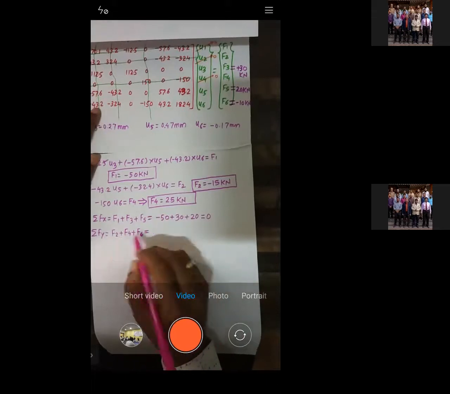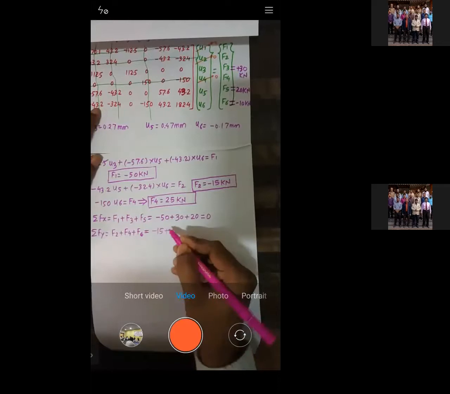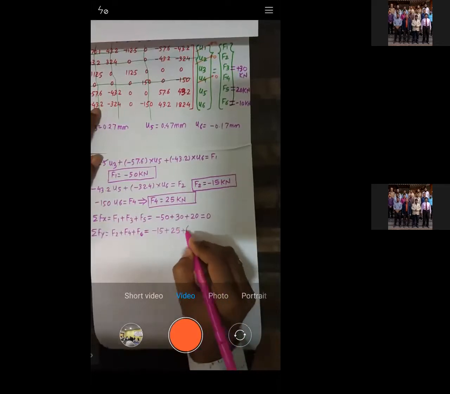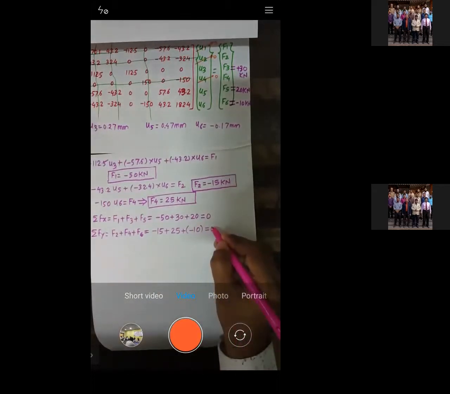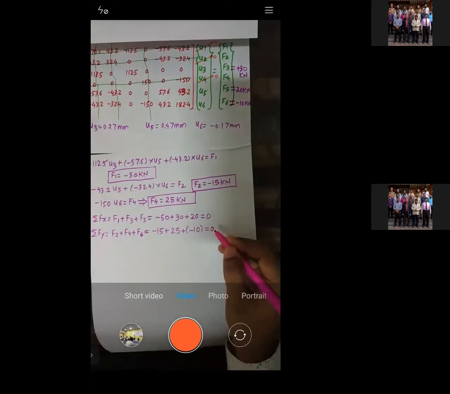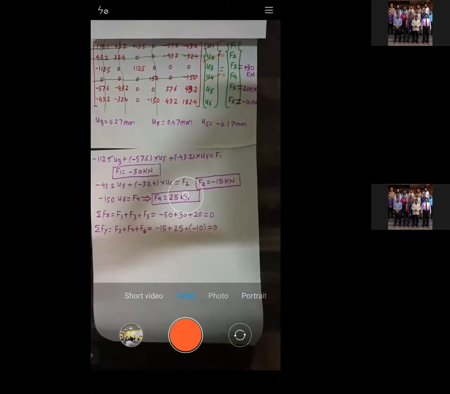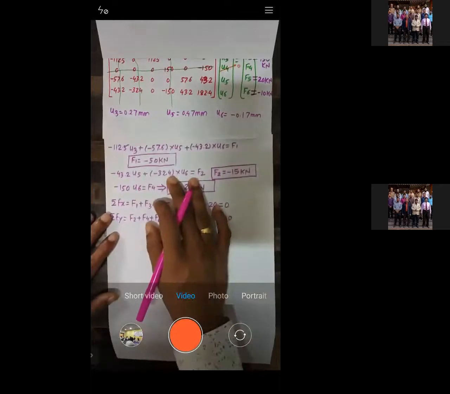F2 is minus 15, plus F4 is 25, plus F6 is minus 10. We got it equal to 0, right? So that means whatever values we got for the displacements are correct. Is that okay with this one? Let me know.